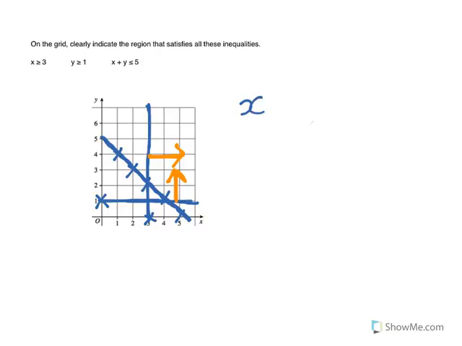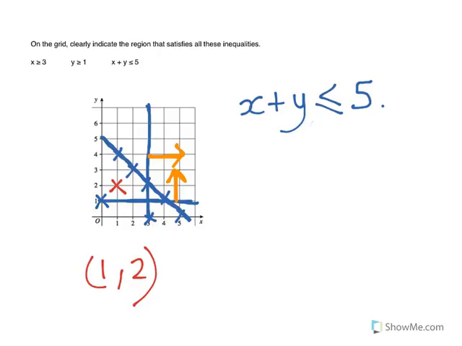with the straight line of x plus y is less than or equal to 5, the best way of deciding which way to shade for these types of questions is by picking a point and seeing if it's true or not. So if I pick a point either side of my diagonal line, I'm going to choose this one here where I have the coordinate x is 1 and y is 2.